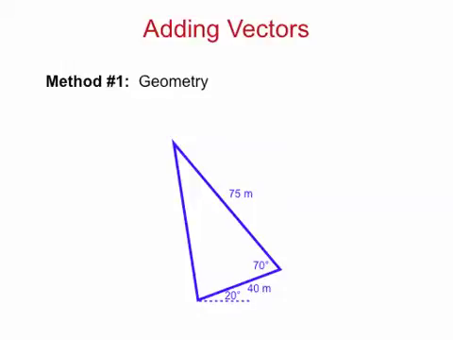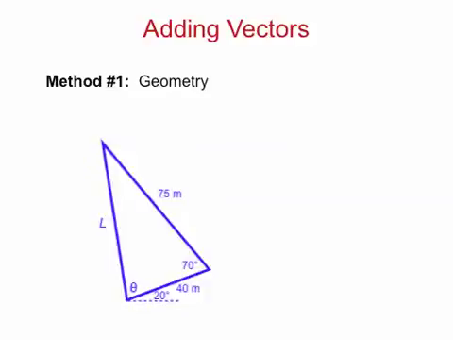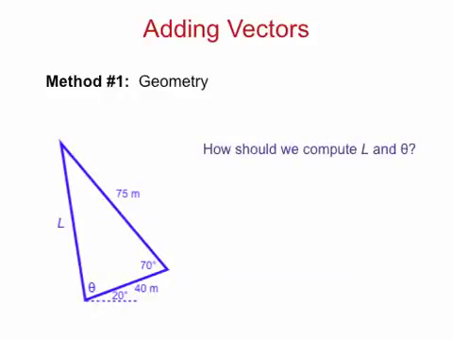Okay, now we have enough information to calculate the length of the side corresponding to the total displacement vector and the angle theta shown here. And once we have theta, we know that the direction of the total displacement vector is theta plus 20 degrees north of east. But how are we going to use the information in this figure to find L and theta?